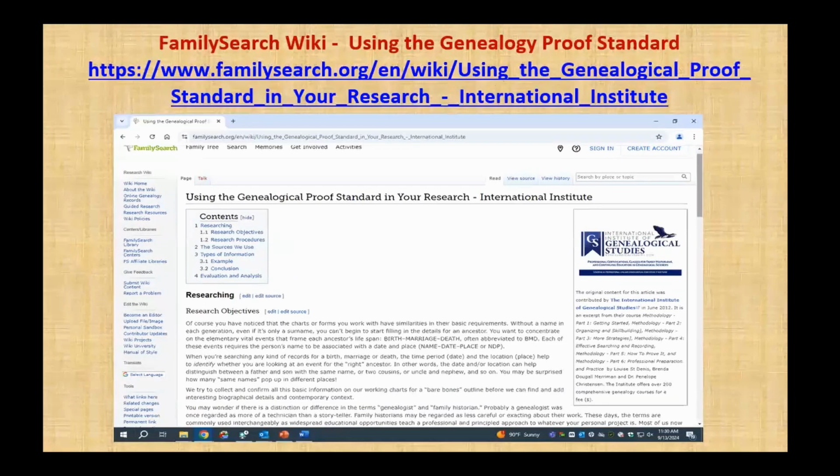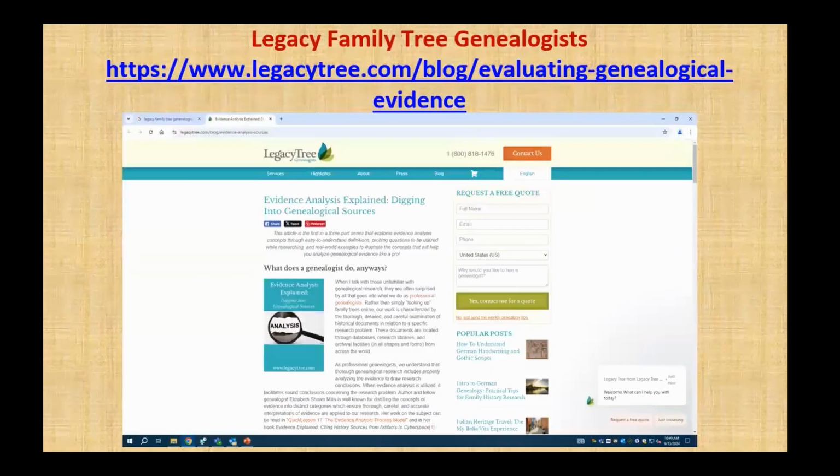And then this is another article on FamilySearch Wiki. The previous article talked about the genealogical proof standard. This article goes into detail about how to put it in action. This is another website, again, Legacy Family Tree Genealogists.